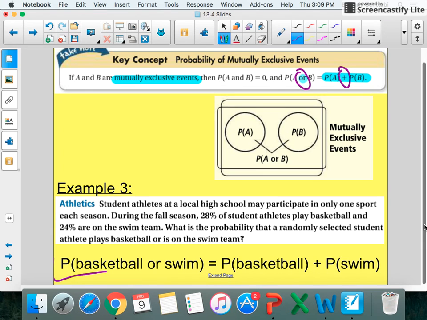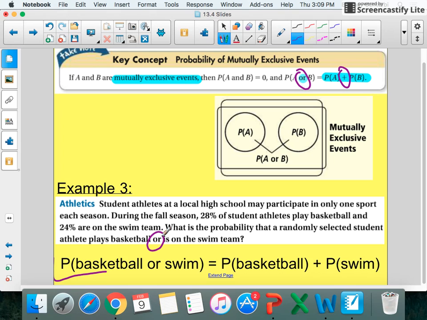So if we look here, in the high school, there can only be one sport played per season. So during the fall season, 20% of students play basketball and 24% play or are on the swim team. So what's the probability that the students selected play basketball or are on the swim team? So that "or" again tells us we're going to be using the addition one.